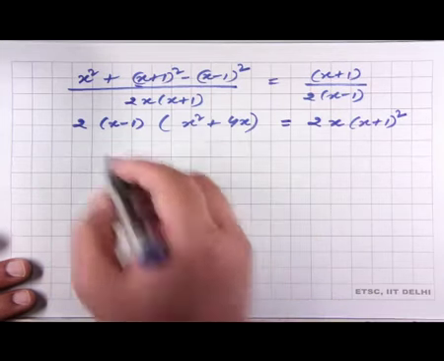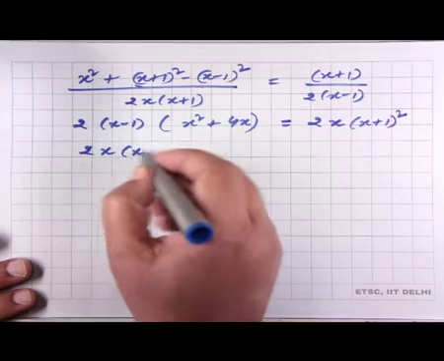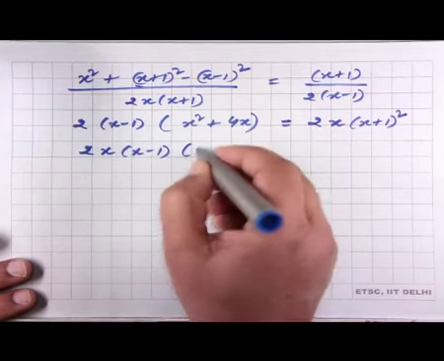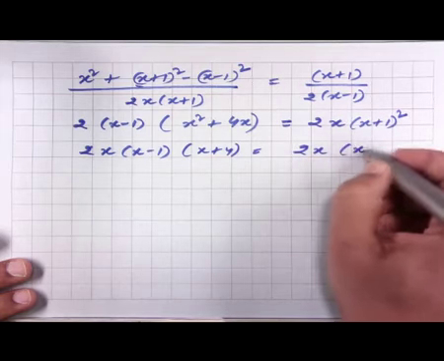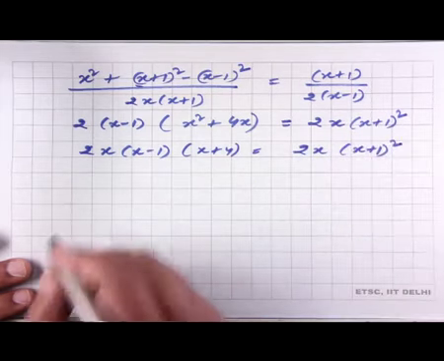X is a factor here, so we can write it as 2x into x minus 1 into x plus 4 equals 2x into x plus 1 whole square.